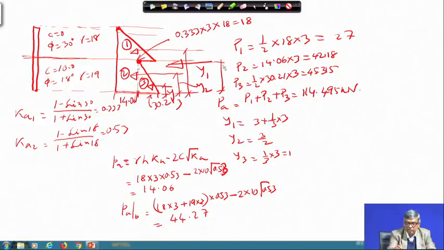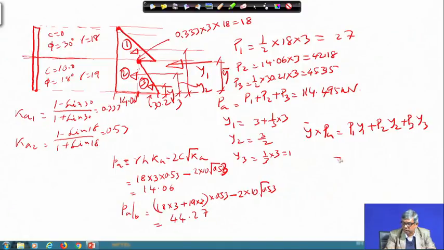Now if I assume the resultant thrust acting somewhere here at a distance y bar, then y bar multiplied by P A will be equal to P 1 y 1 plus P 2 y 2 plus P 3 y 3, and if I put all values, then we get y bar equal to 1.891.